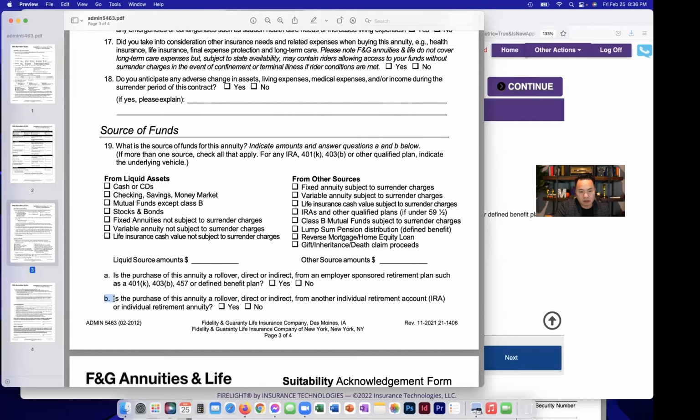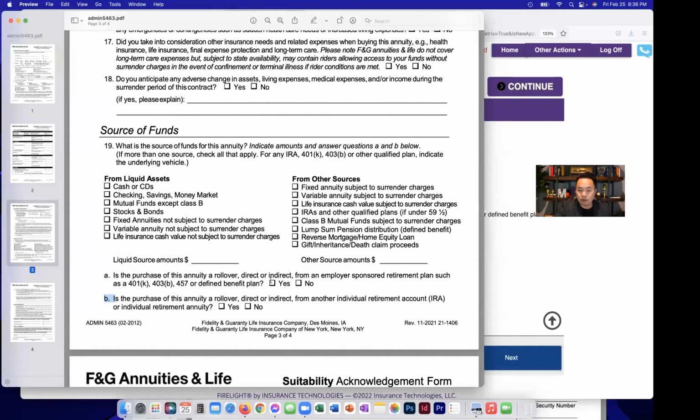Okay. So the question asked: is the purchase of this annuity a rollover, direct or indirect, from an employer-sponsored retirement plan such as 401k, and so on? Yes. Is the purchase of this annuity a rollover, direct or indirect, from another individual IRA?